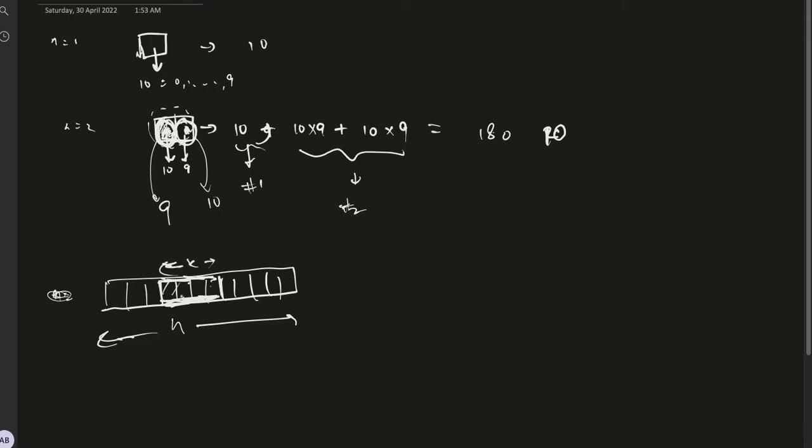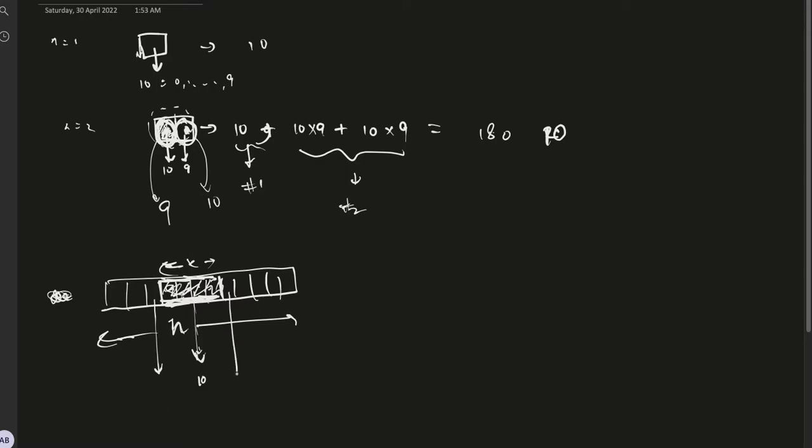If we need this to be size k, all these indices will have the same element, and there are 10 such options.